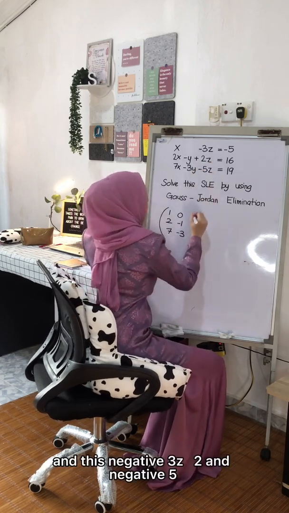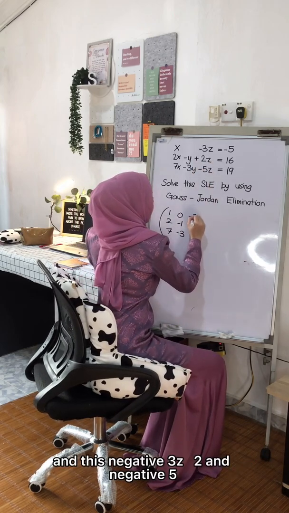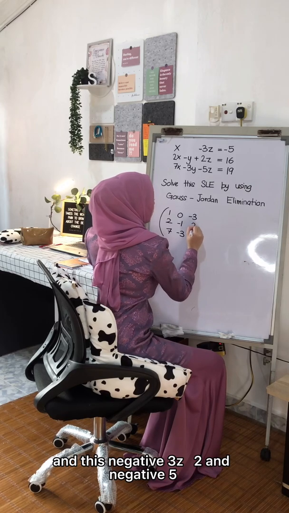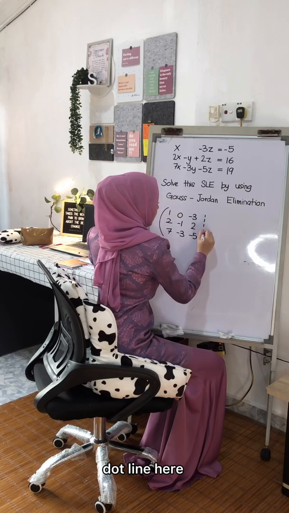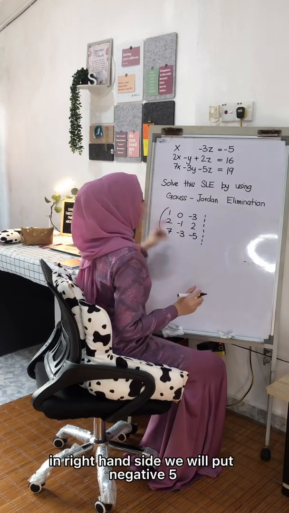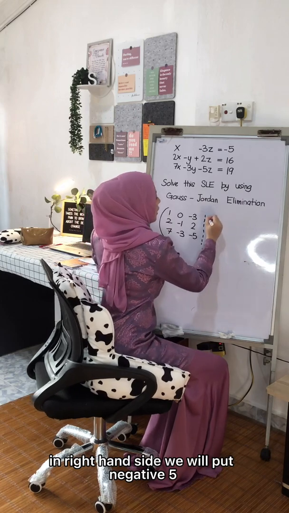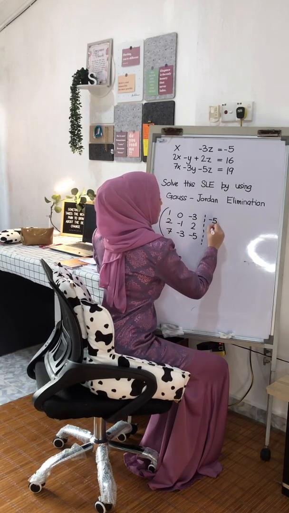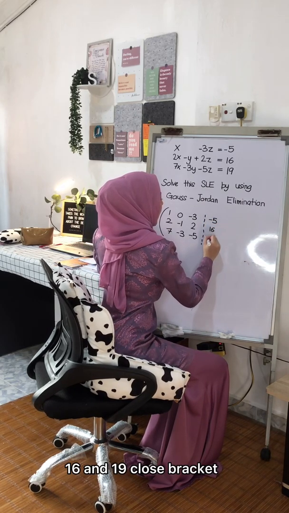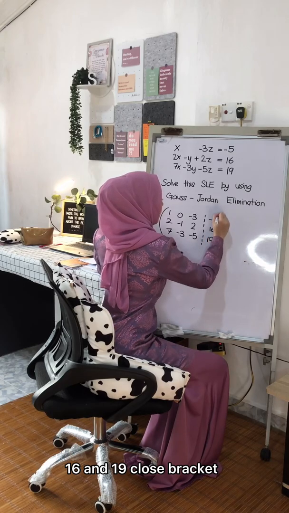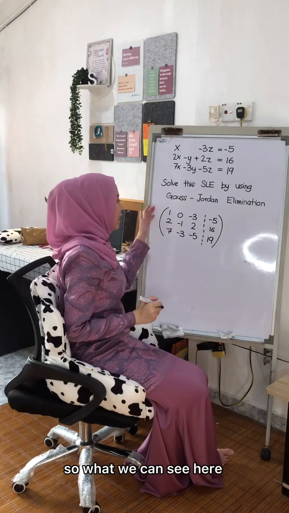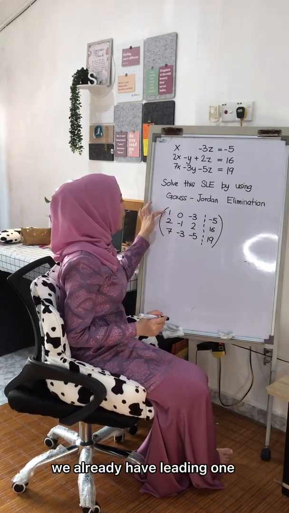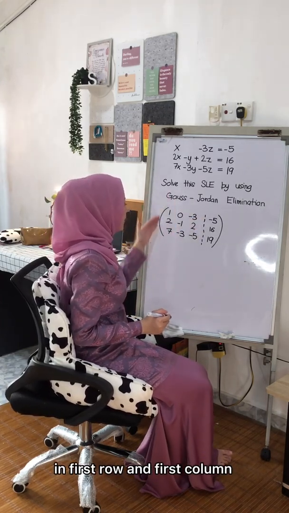And this, negative 3z, 2, and negative 5. Dotted line here. On the right hand side, we will put negative 5, 16, and 19. Close bracket. So, what we can see here is we already have a leading one in the first row and first column.